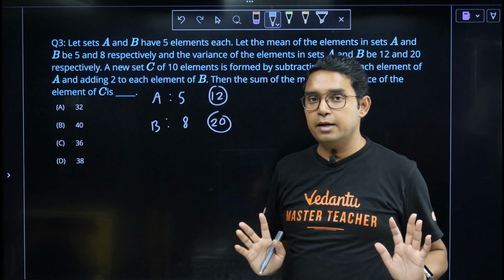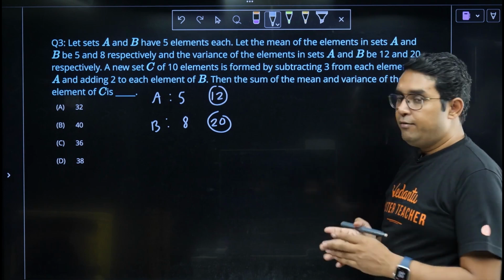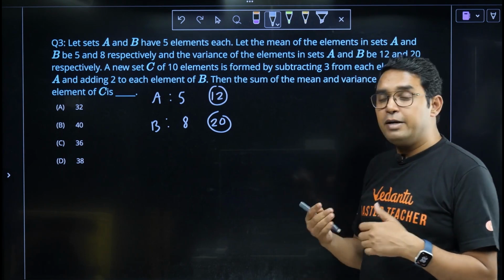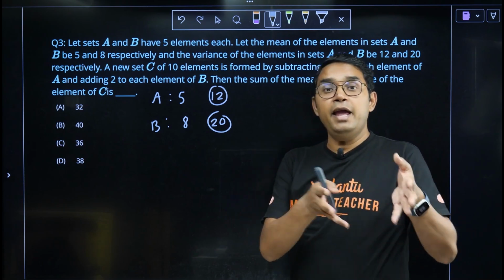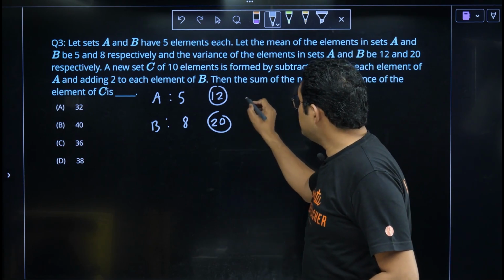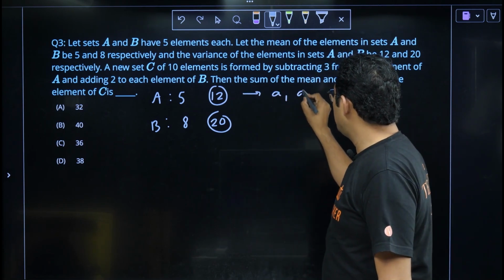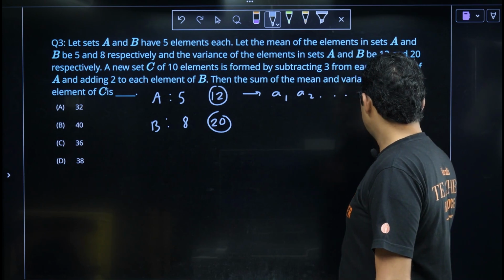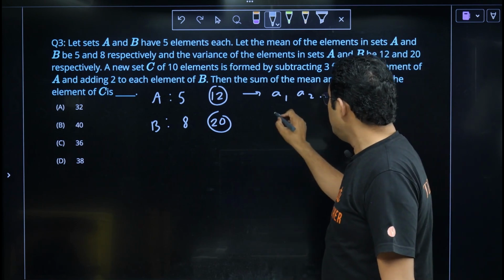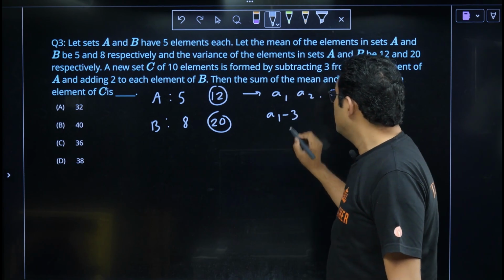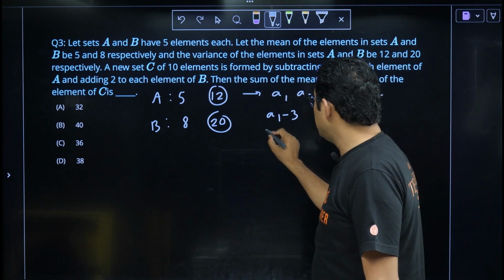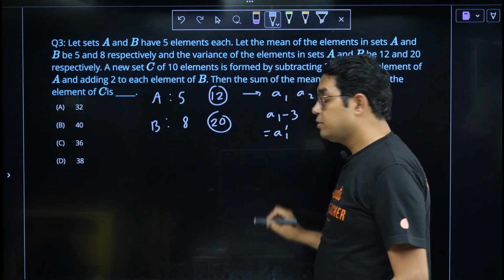Some modification is done. So what I am going to do, I will first change the elements of set A in that set A itself. Suppose in A, my elements were A1, A2 and so on, A5. I will subtract 3 from each of them, A1 minus 3, and I will call this A1 dash.